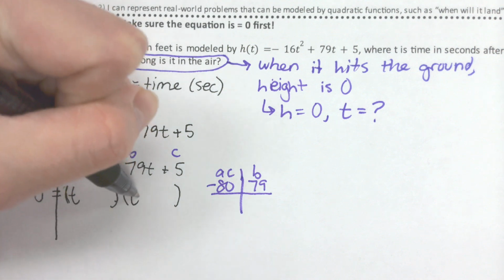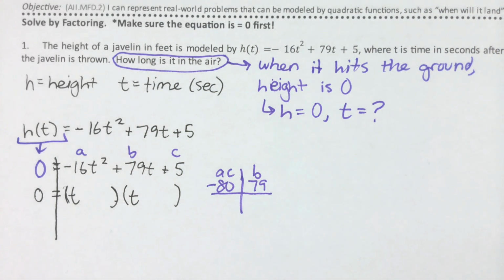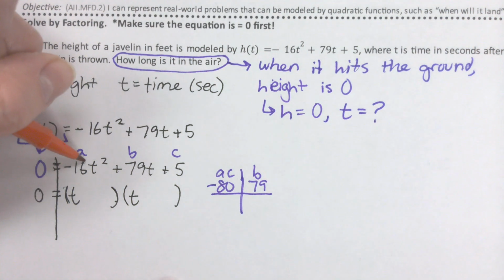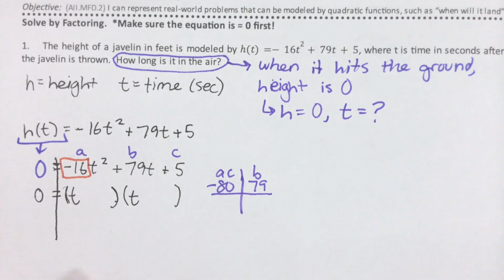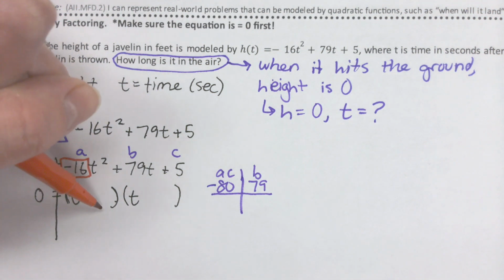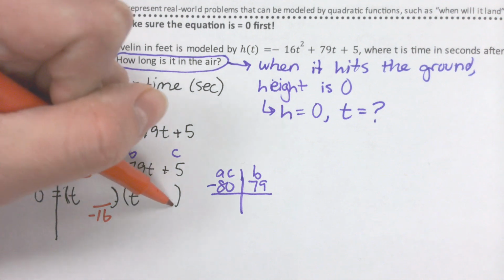So we have t's this time instead of x's. Notice that a is not 1. It's negative 16. So that means we're going to have to divide both of these terms by negative 16 when we find them.